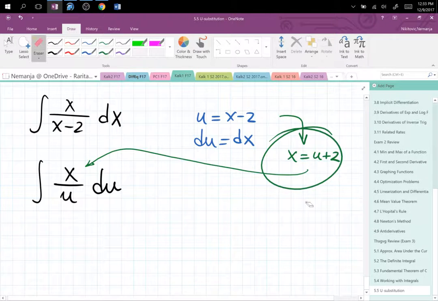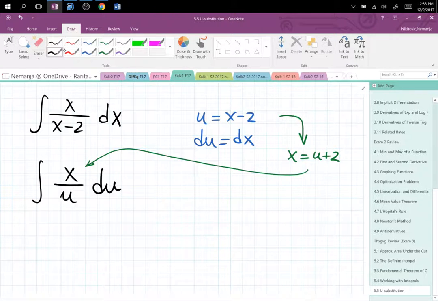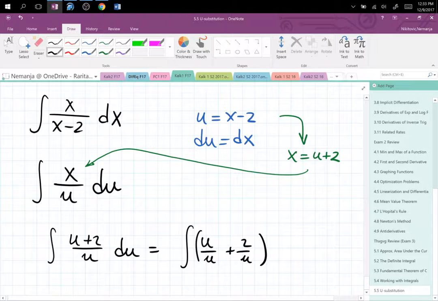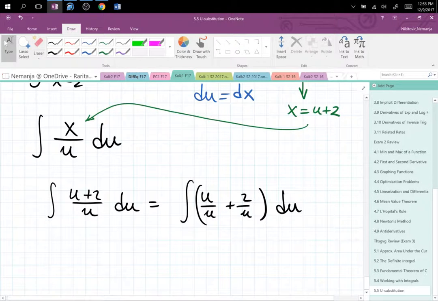So now what I have is the integral of u plus 2 over u du, which I can split into two integrals because I have the common denominator. So u over u plus 2 over u with parentheses and the du.